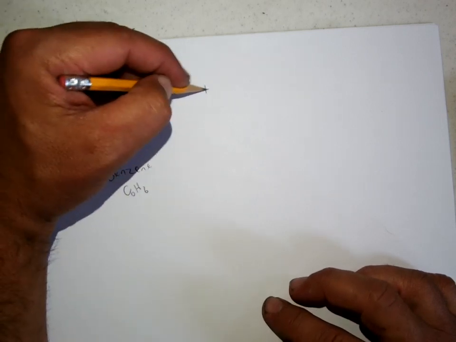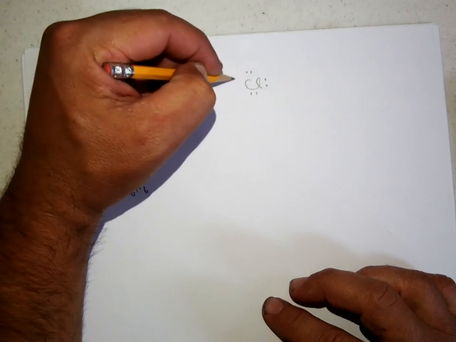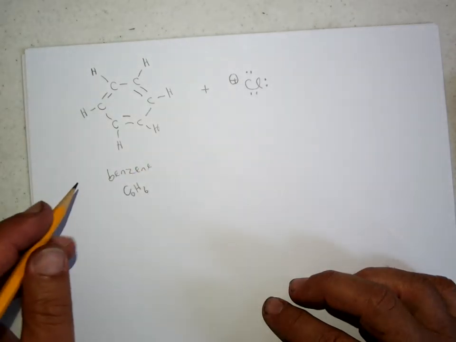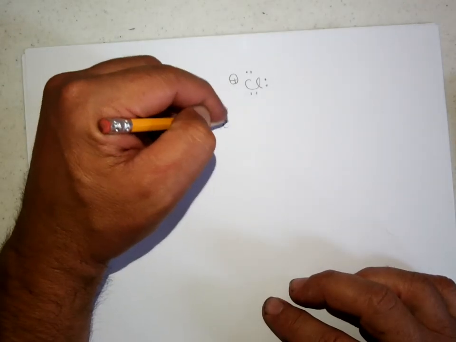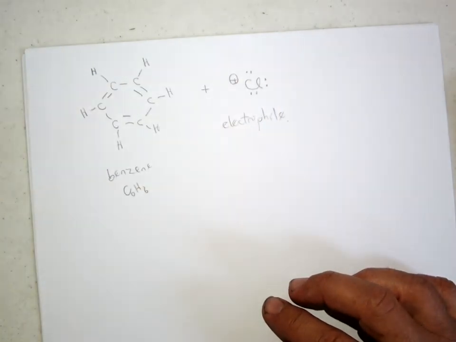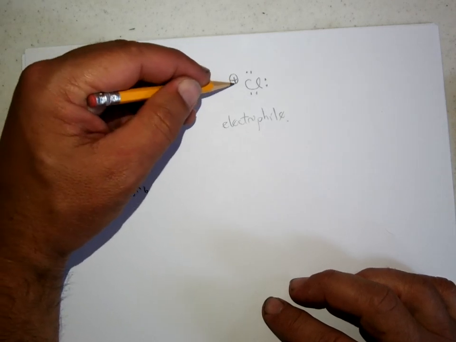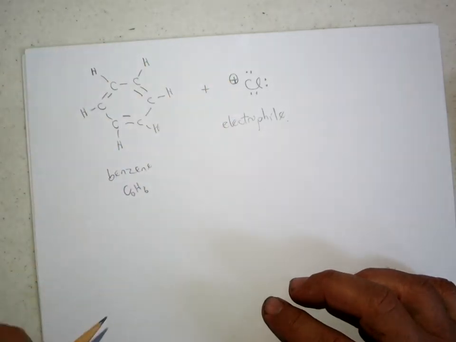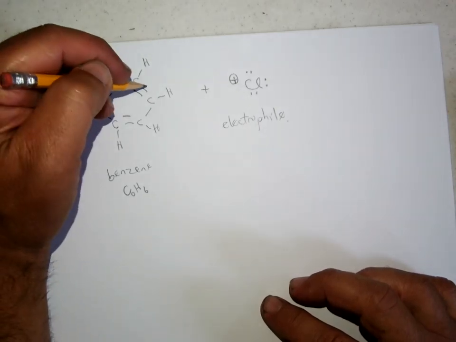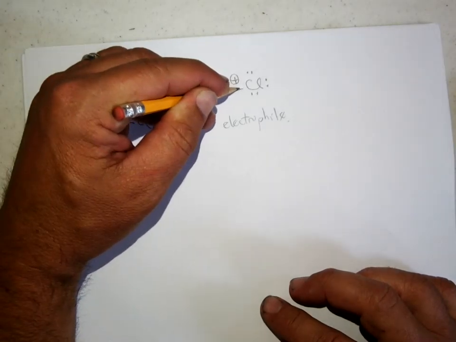And if this reacts with a chlorine plus, right, so this is a chlorine with a positive charge, this is going to be very much an electrophile. Chlorine is very electronegative, loves electrons all by itself. If you've got a chlorine that's positive, it's so electron deficient, it naturally loves electrons, it's like a super electrophile. And that's why it attracts the electrons in the double bond of the benzene to bond to it.